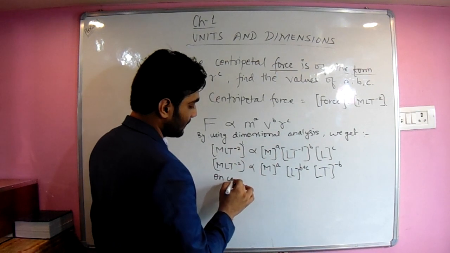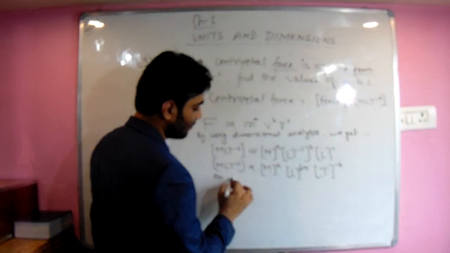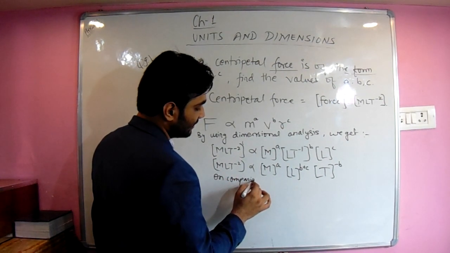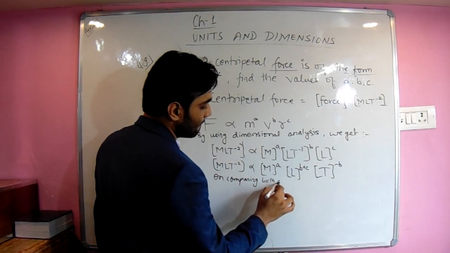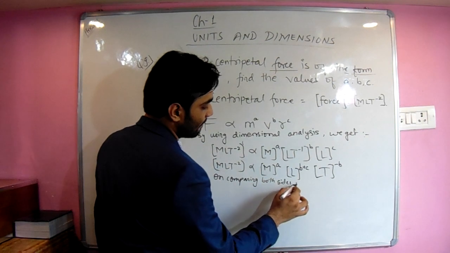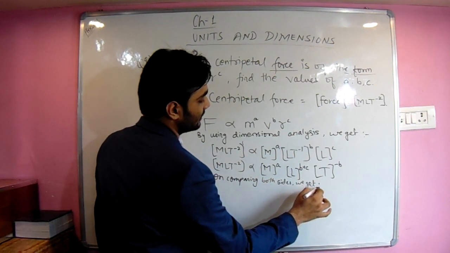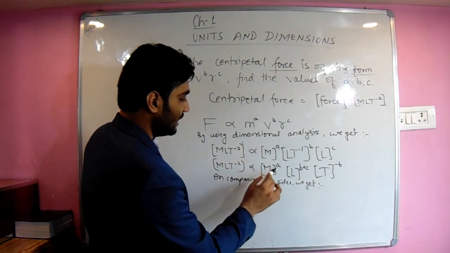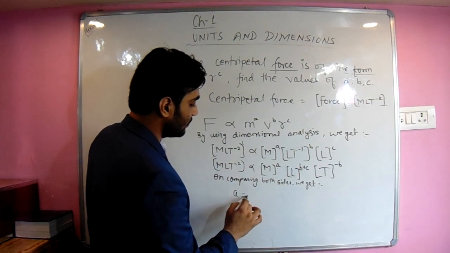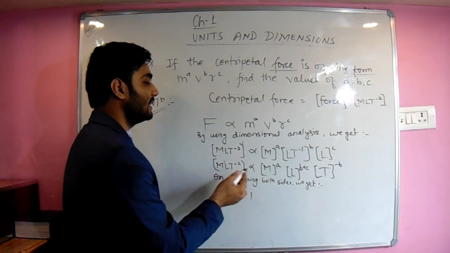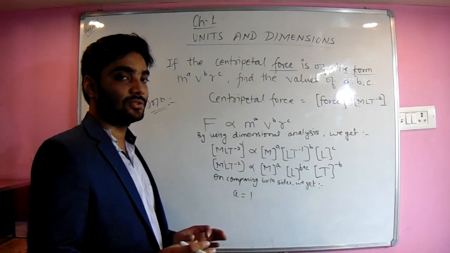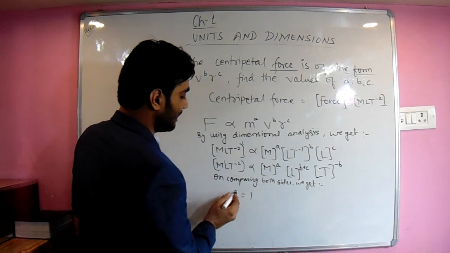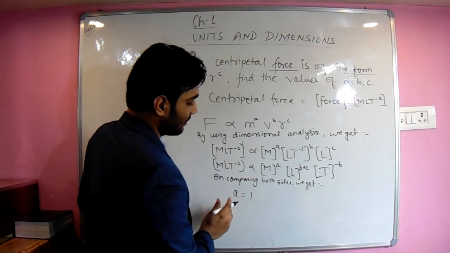On comparing both sides, finally we get A has the power 1. Why? M to the power 1 and M to the power A. Both LHS and RHS should be equal in these dimensional equations.